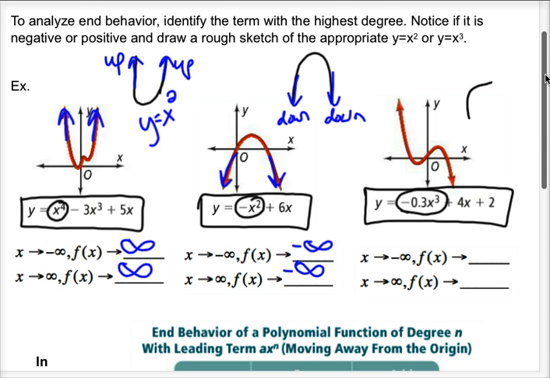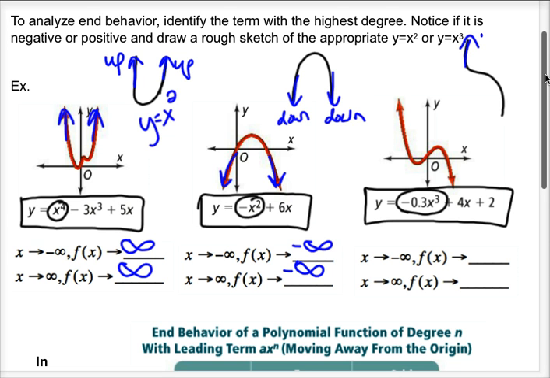So instead of going like that, like we know x cubed does, it's actually going to be giving us the reverse shape. So again, those are the types of thoughts I need you having. I need you to be able to draw and think about that really rough sketch. Because notice what's happening.